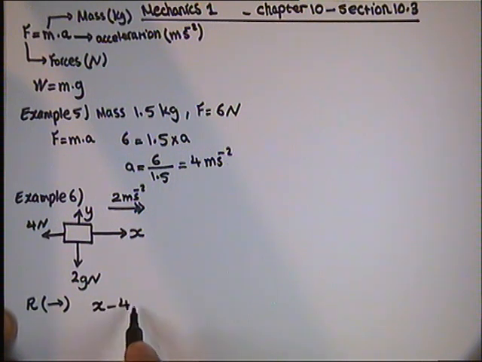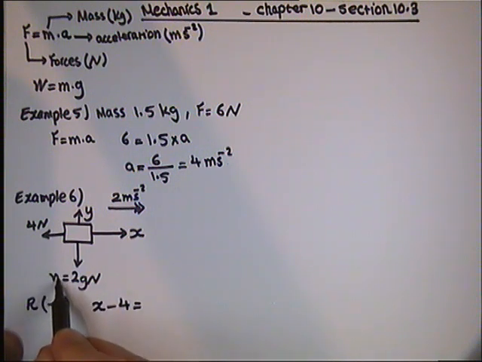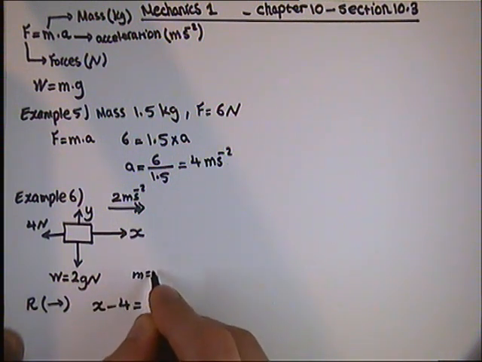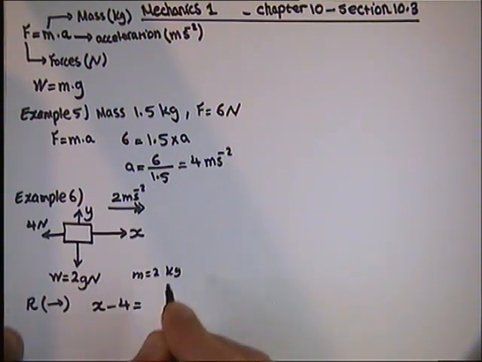X minus 4 must be equal to mass times acceleration. This is 2g Newton. In fact, this is the weight W, W equals 2g Newton. It's not only mass, it's mass times gravity, which is W. Therefore the mass m is equal to 2 kg.